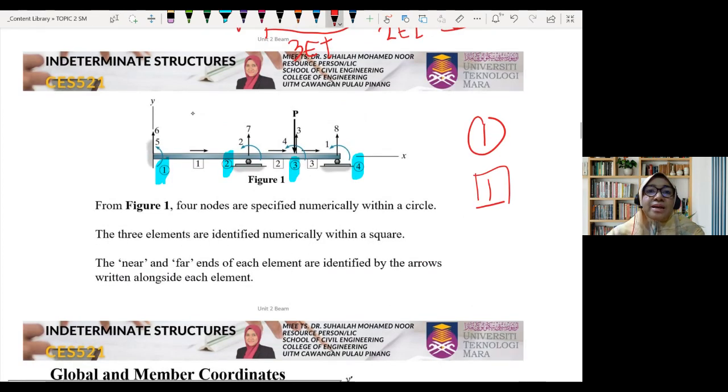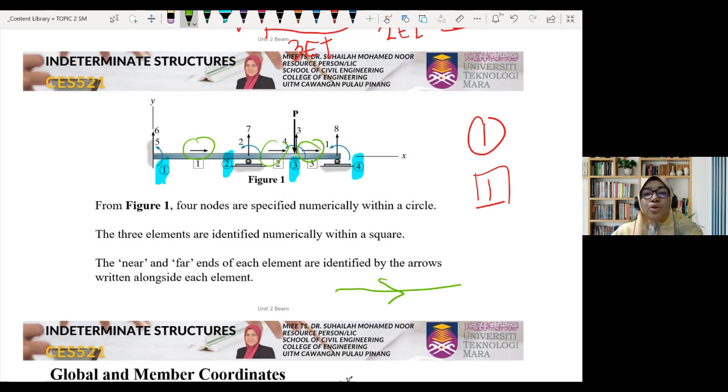So we can see that this is the arrow. When we analyze a beam, whether or not we put the arrow, we can assume that the direction is always going to the right side. And how do we identify the near and far end conditions?